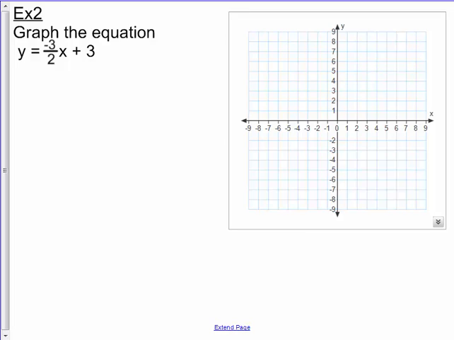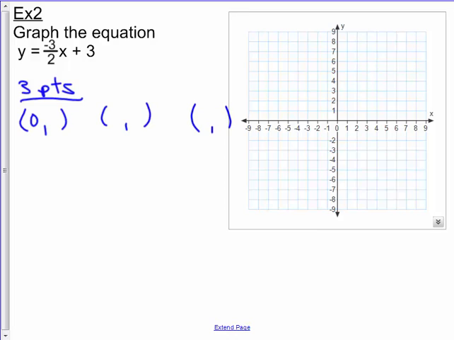So looking at example 2, we have y equals negative 3 halves x plus 3. I'm going to find any 3 points here. You could use an x-intercept, y-intercept, or just any values you want. When it's in this form, this is known as slope-intercept form. We'll talk about what that means.